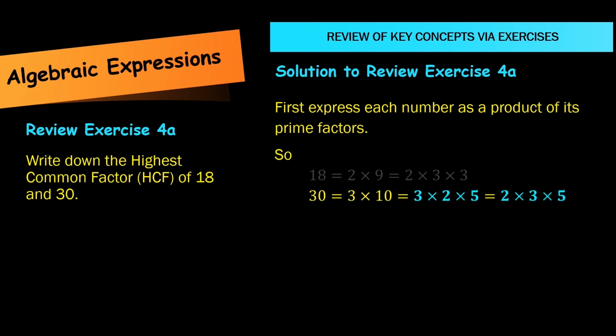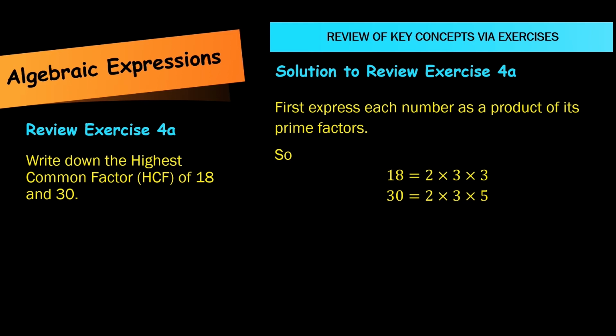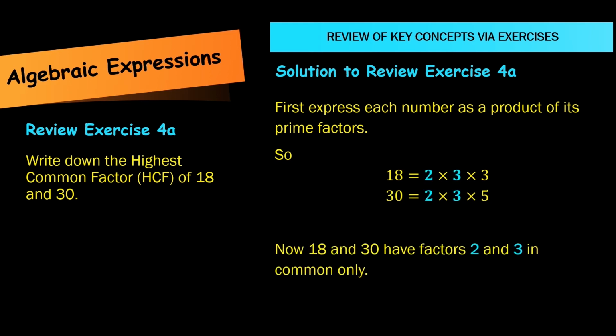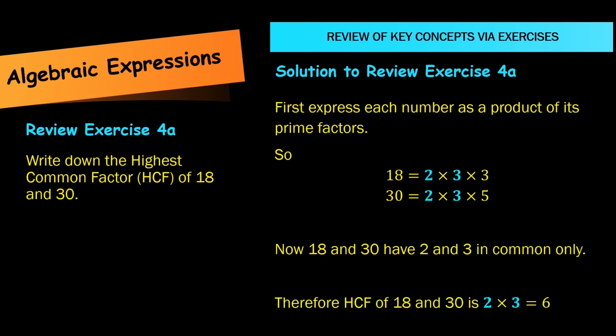It is conventional to put the numbers in order of size. Now 18 and 30 have two factors, 2 and 3, in common only. Therefore the highest common factor of 18 and 30 is 2 times 3, which equals 6.